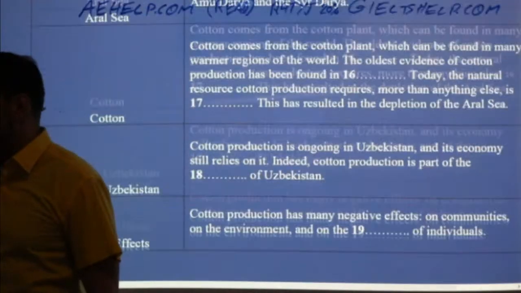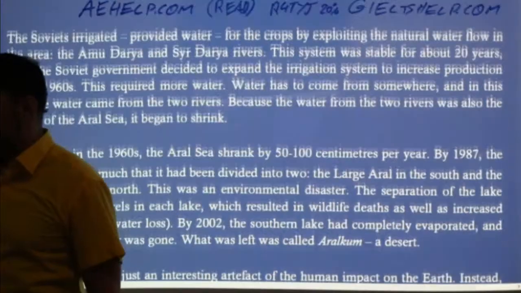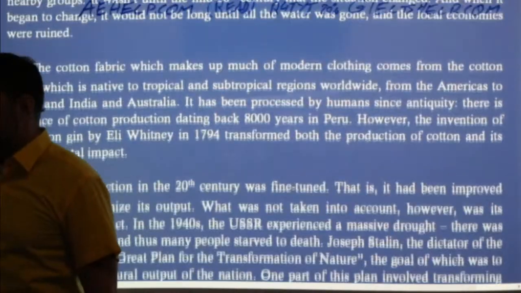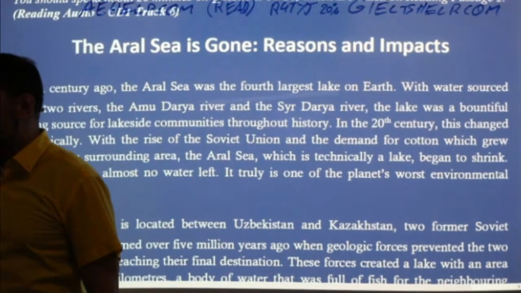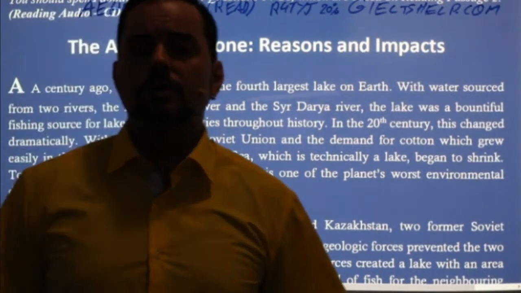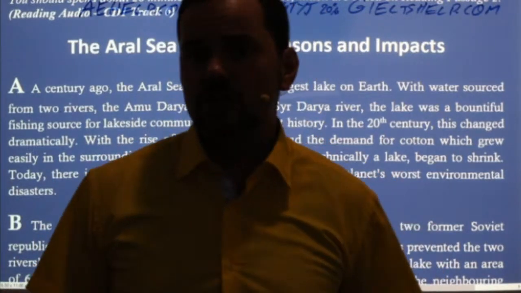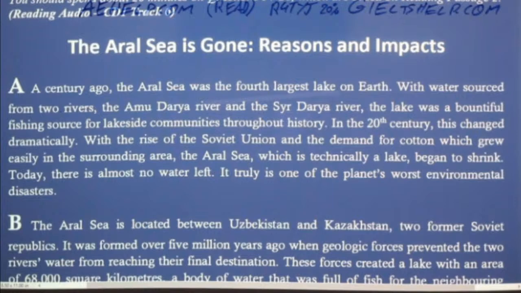All right. So we have a good idea now. Based on the title and these questions, we have a good understanding that we're talking about the RLC in Uzbekistan. It was destroyed due to cotton production, and there's going to be some information surrounding that.